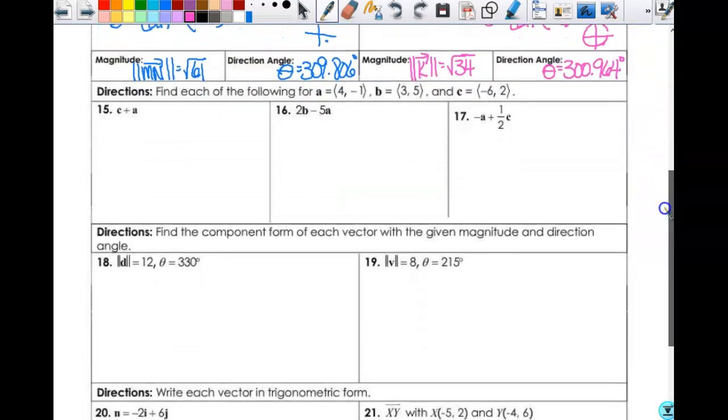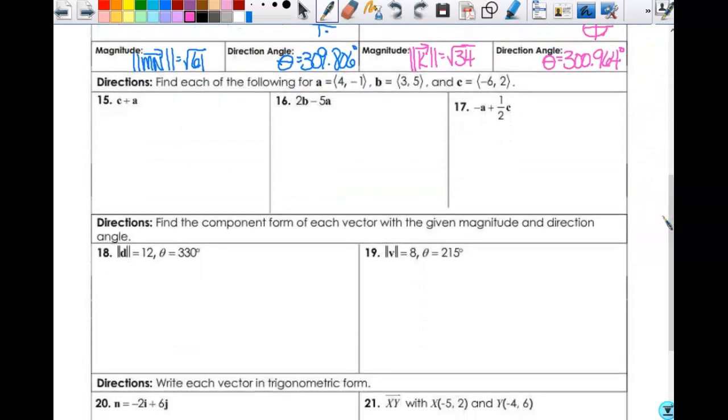Alrighty, number 15. When I want to add c plus a, that means that this is going to be -6, 2 plus 4, -1, and that will end up giving me -2, 1 for my vector.